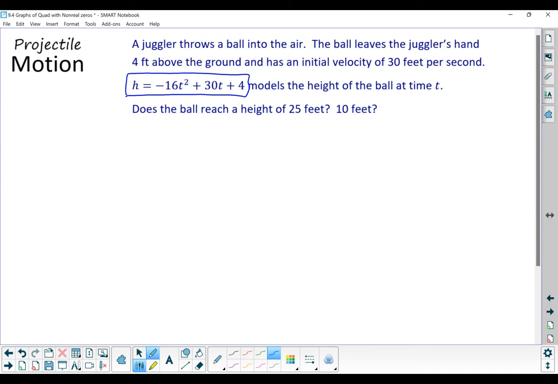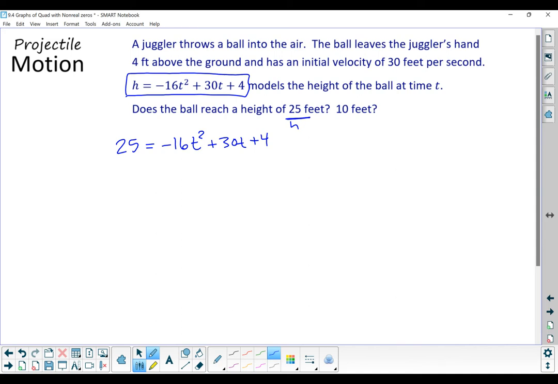Our first question is, does the ball reach a height of 25 feet? So as he's juggling, does the ball ever go 25 feet high? So this is an h value. 25 feet is an h value. So I'm going to put it into the equation for h. 25 equals -16t squared plus 30t plus 4.